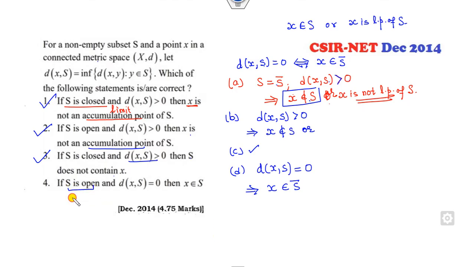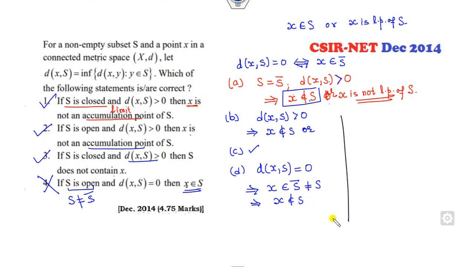S is open, it means S is not equal to its closure. Fine. Since S closure is not equal to S, what does it mean? x does not belong to S, but it is said x belongs to S. This option is cancelled. Fine.